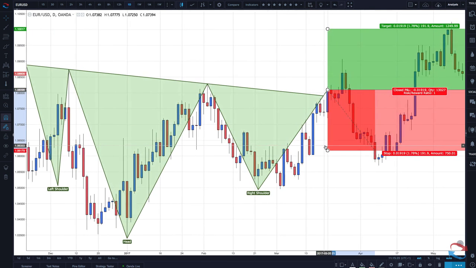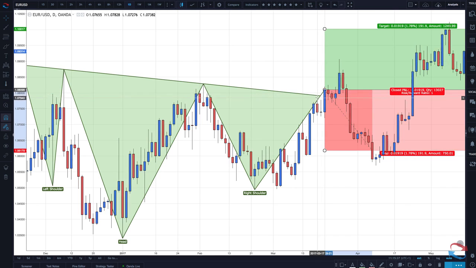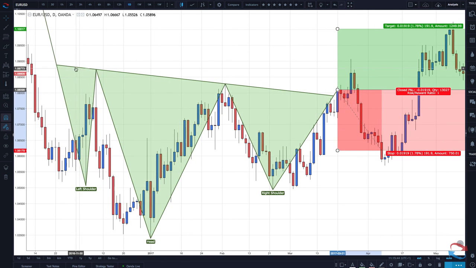So the entry would be on the close of the neckline. So that would be the candle that broke above the neckline. Notice that it's not perfect, it's not horizontal. We have a downward diagonal type of neckline.